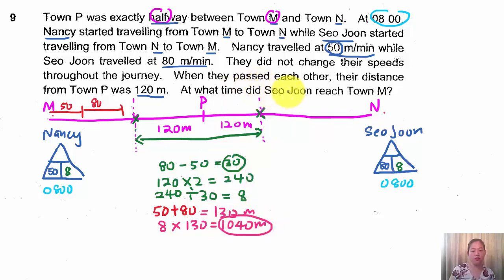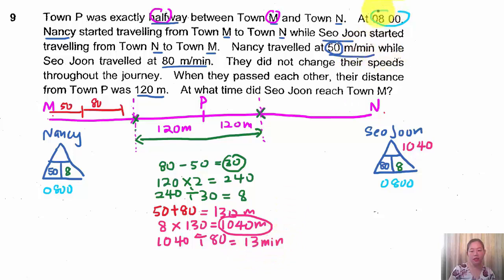The question asks us what time he reached. So he has to travel a distance of 1040 meters and his speed is 80. We are going to find the time that he needs. So it will be 1040 divided by 80, which is 13 minutes.